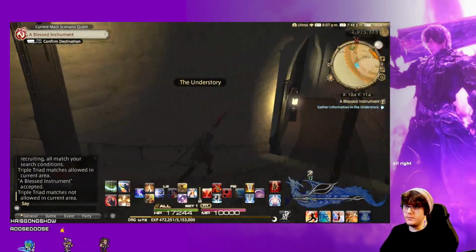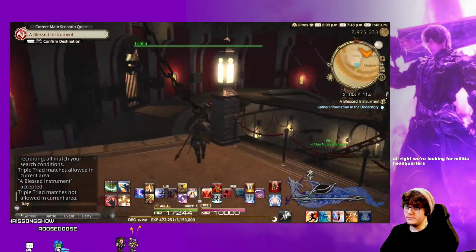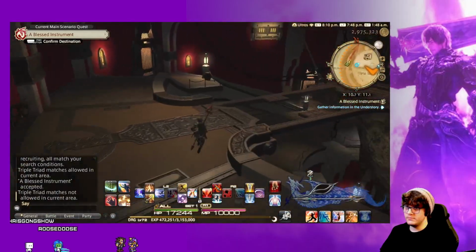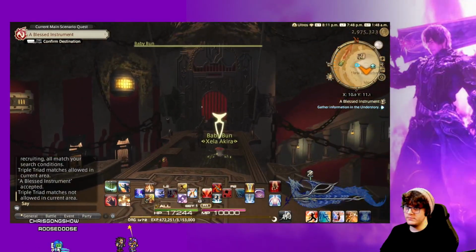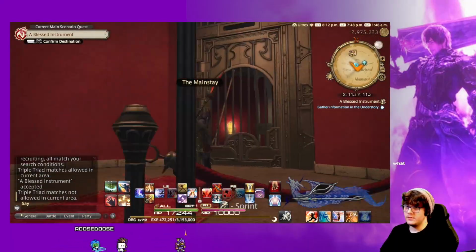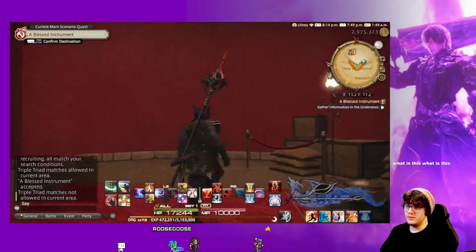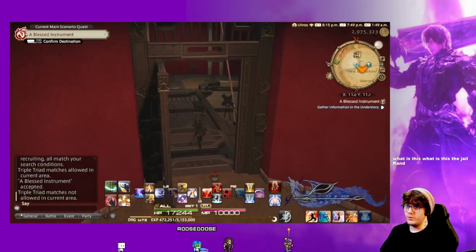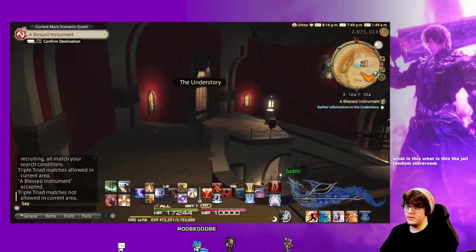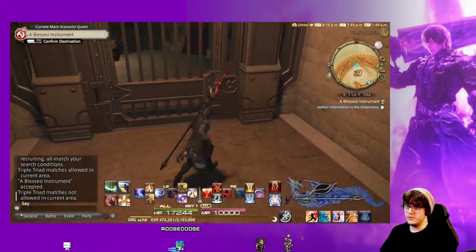Alright, we're looking for militia headquarters. What is this? What is this? The jail? Random storeroom? Weird.